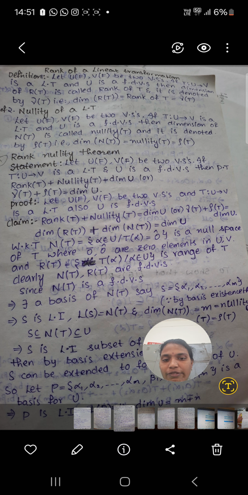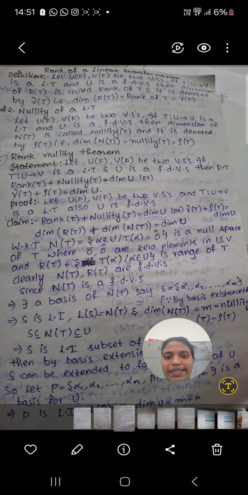Since N of T is a finite dimensional vector space, every finite dimensional vector space has a basis. So N of T has a basis. There exists a basis of N of T, say S is equal to alpha 1, alpha 2 and so on alpha m.